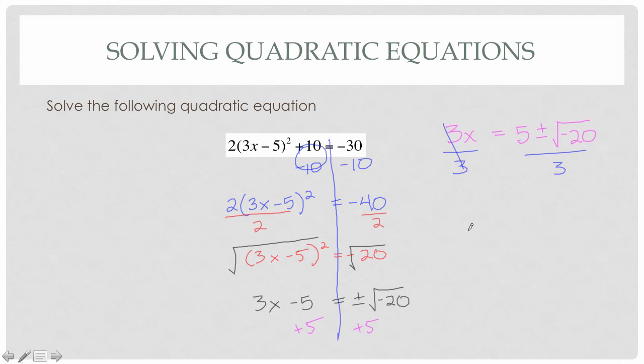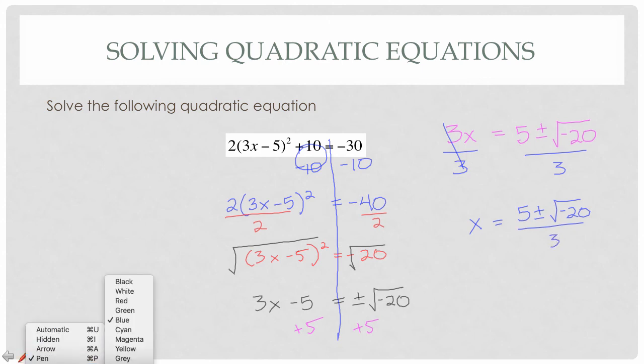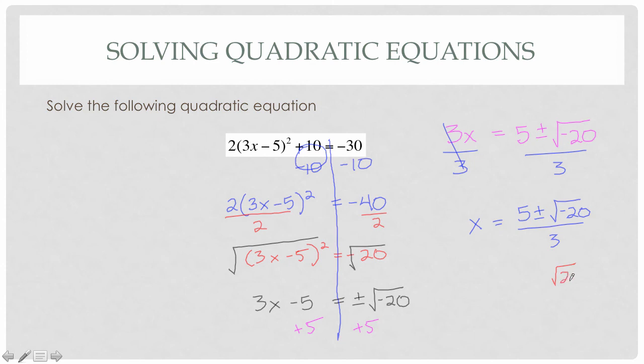All right, so if I'm solving this thing out, x equals 5 plus or minus the square root of negative 20, all divided by 3. Now there's some work we can do to simplify this thing out here. The square root of negative 20, I can rewrite as the square root of positive 20 with an i, right? Take out the negative part and call it, that's now an imaginary part.